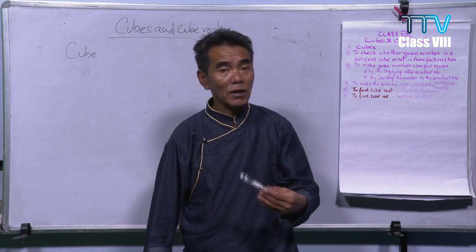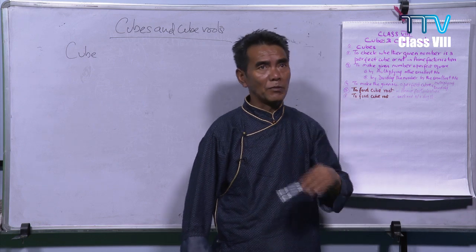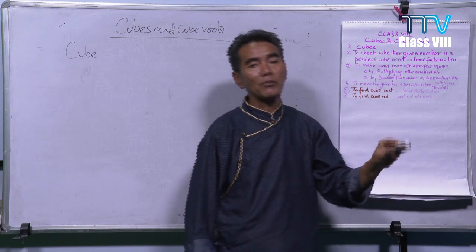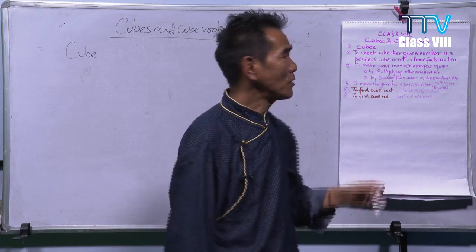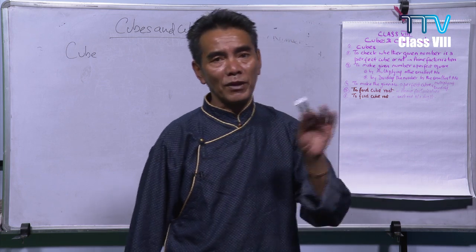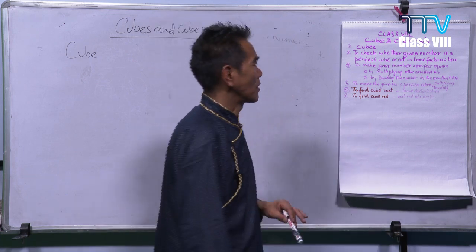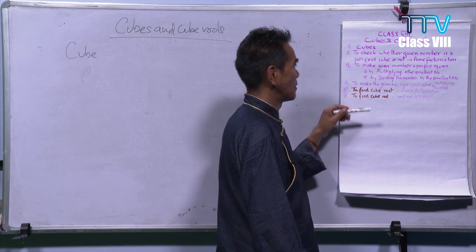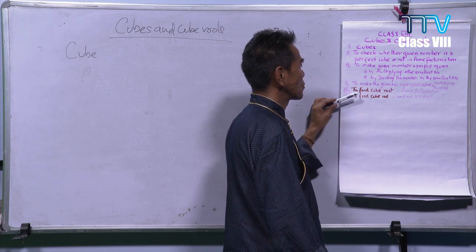Product of prime factors, multiplication and division methods: to make a given number a perfect cube by multiplying by the smallest number, and to make a given number a perfect cube by dividing by the smallest number. And next, to find cube root.